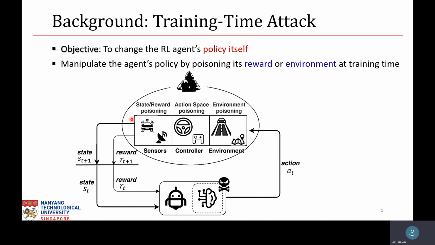Different from the test time attack, in the training time attack, the objective is to change the RL agent's policy itself. So the attacker needs to interfere with the agent's learning process.